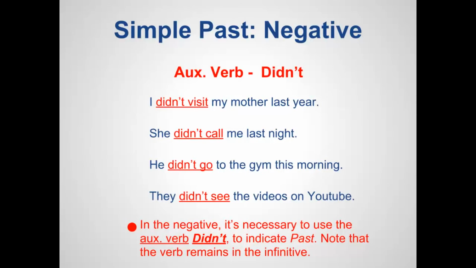The verb remains in the infinitive. So, I didn't visit. Visit is in the infinitive. She didn't call. Call is in the infinitive. The verb only changes in affirmative sentences, not in the negative.